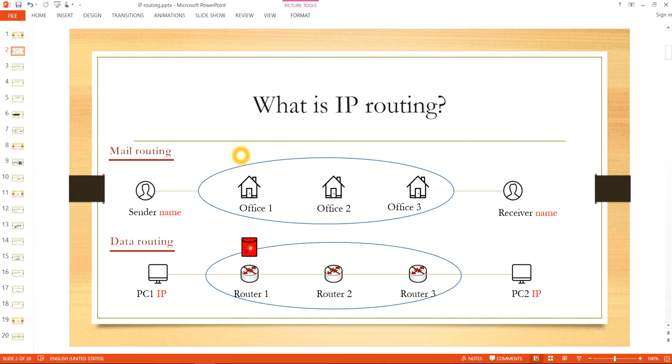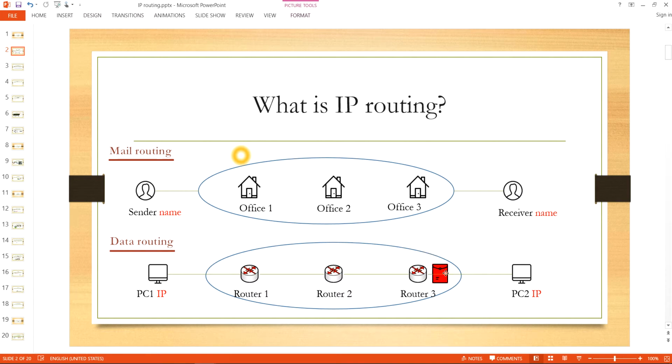This router then determines that, okay, in my routing table I know where to forward this IP packet. So it forwards to the next hop. We call it the next gateway or the next hop along the way. Then this router inspects and says, okay, according to my routing table, I know where I can forward this IP packet to. Then it forwards to router 3.